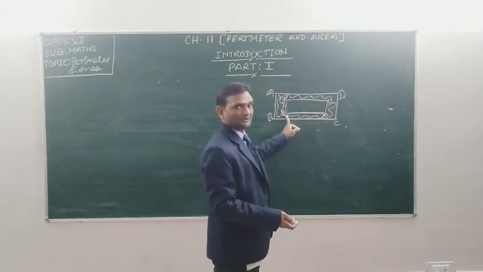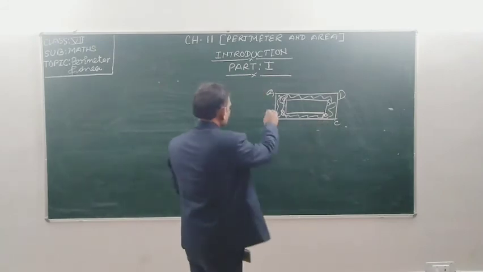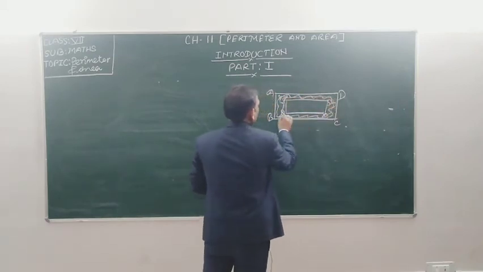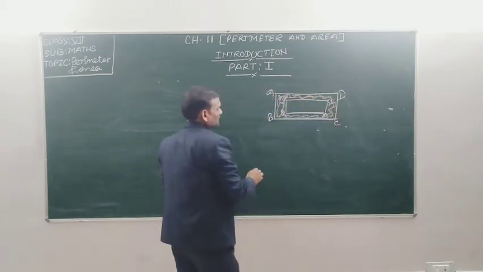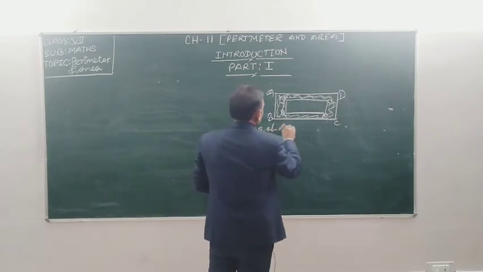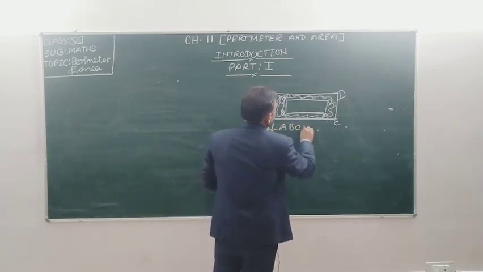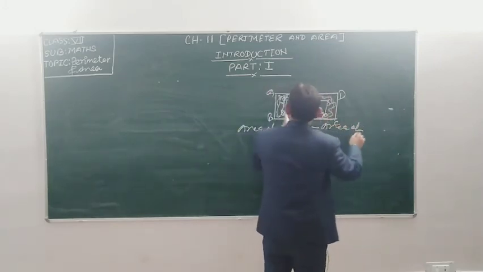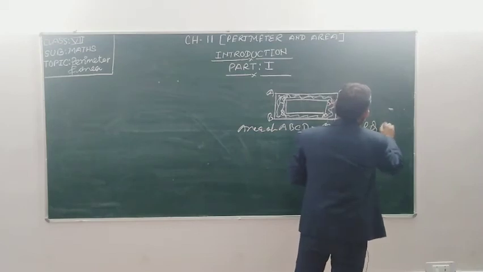For finding the remaining parts area, area of A, B, C and D minus area of P, Q, R and S.